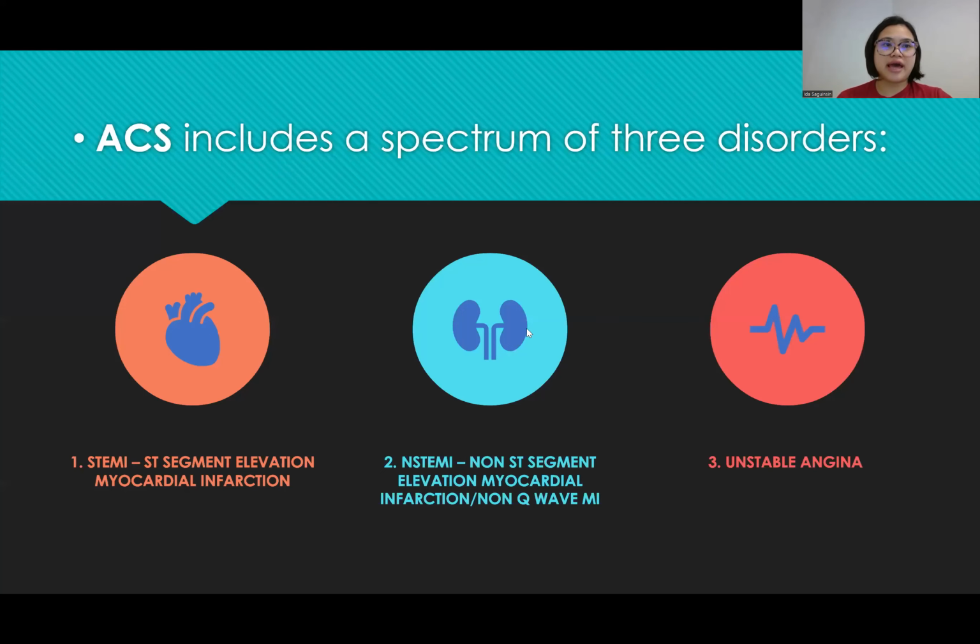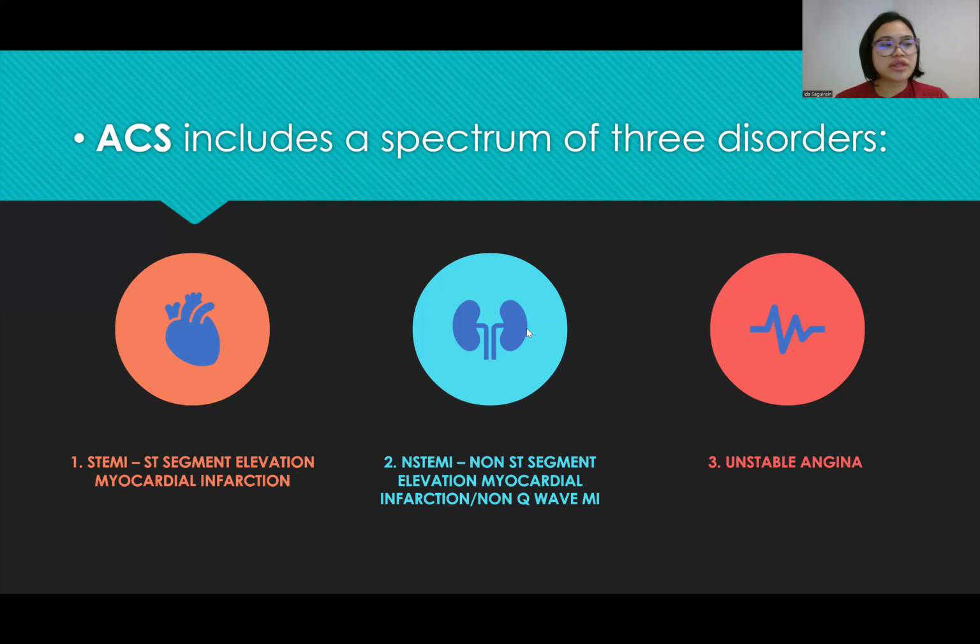So what is ACS? Acute coronary syndrome actually includes a spectrum of 3 different disorders. First is STEMI, or ST segment elevation myocardial infarction. Second is NSTEMI, non-ST segment elevation myocardial infarction, also known as non-Q-wave MI.